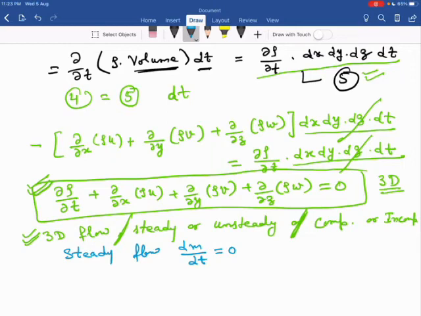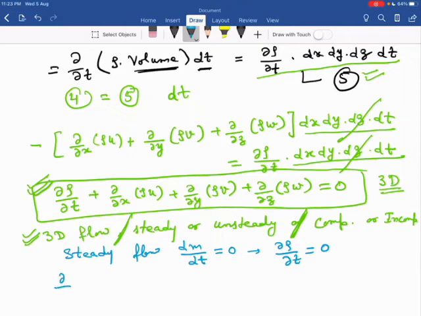So you can also write ∂ρ/∂t is also equal to 0. So now you can say there is no variation of density with respect to time, that is for steady flow. So for steady flow, this term is 0.